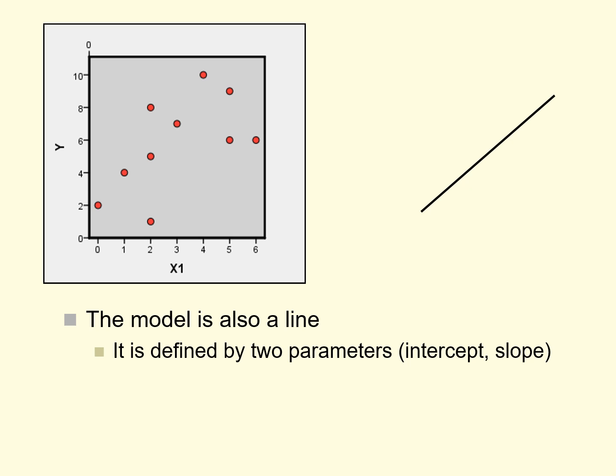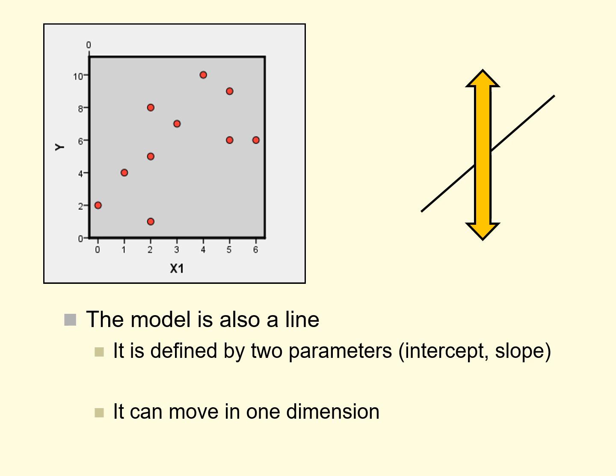And again, that intercept and slope are going to be particular values for this sample of data. But if I drew another sample from the population and did essentially the same process of making a scatter plot and drawing a line, I'd probably end up with a line with a slightly different slope and a slightly different intercept. And if I drew yet another sample and repeated the process, I would again have a slightly different slope and a slightly different intercept. So in a sense, this line that is my model can move in two directions.